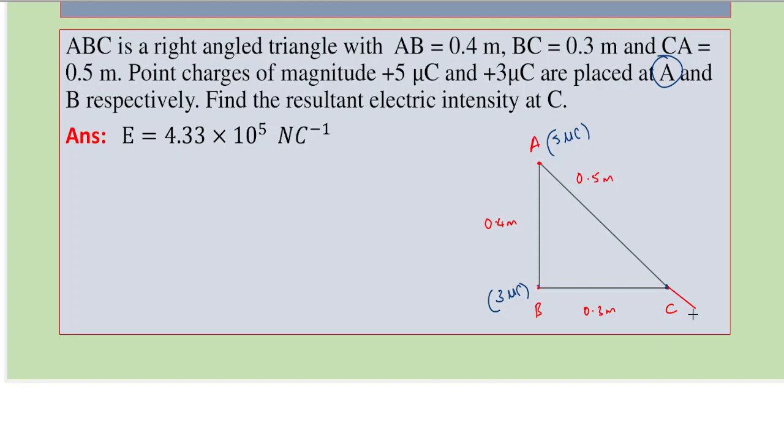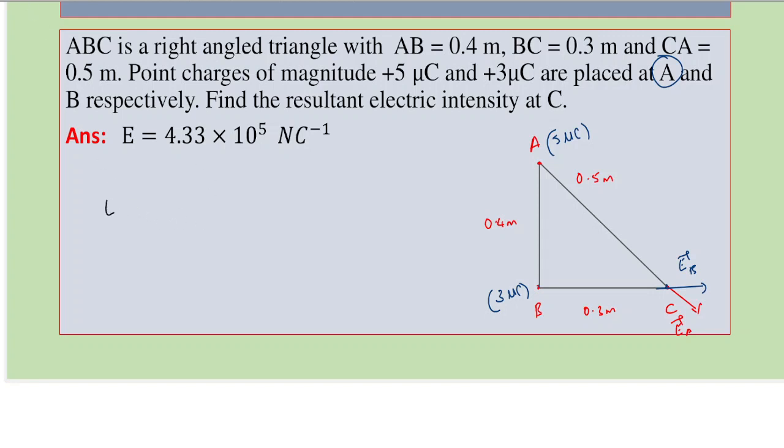We'll call this E suffix A. Similarly, the charge at point B creates its own field, and since the charge at point B is also positive, the field goes out like this. We will call this field E suffix B. So let's find what EA and EB are separately.